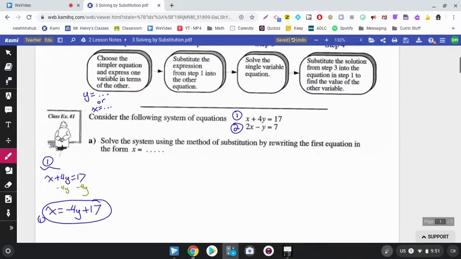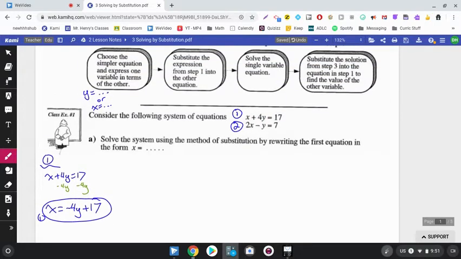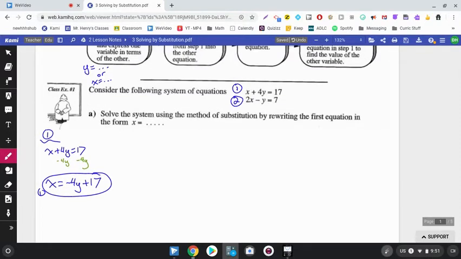Step 2 was substitute the expression from step 1 into the other equation. This is where the name substitution comes in. This expression from equation 1 goes into equation 2, which was 2x minus y equals 7.